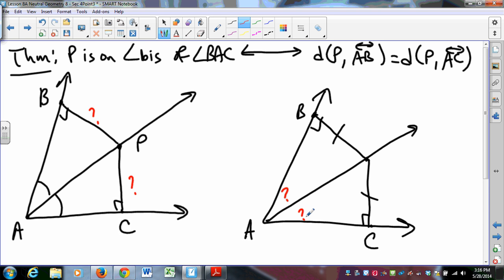We have to go both ways with that. We have to show if you're on the angle bisector, then the distance to each ray is the same. If the distance to each ray is the same, then P is on the angle bisector.